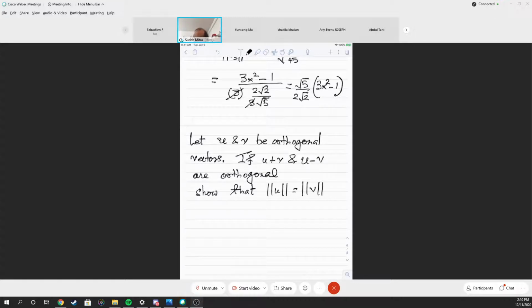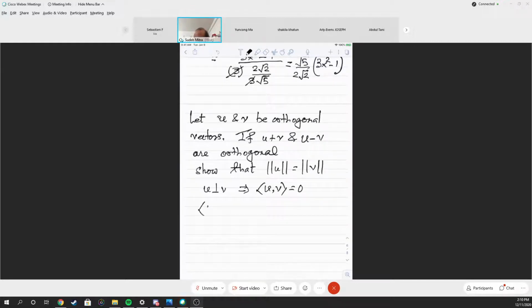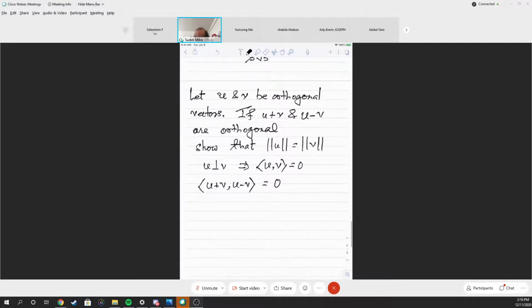Okay, so U perpendicular to V implies inner product of U and V is 0. Inner product of U plus V and U minus V is 0, because that implies, distributing, UU minus UV plus VU minus VV, and that's 0.